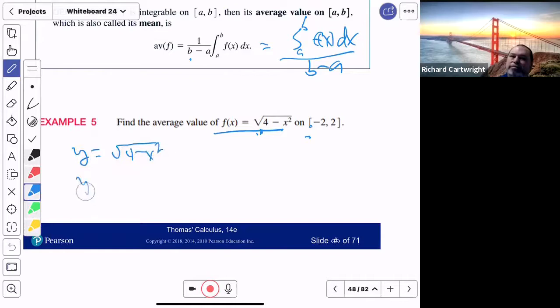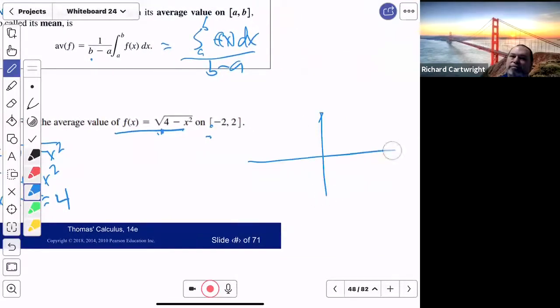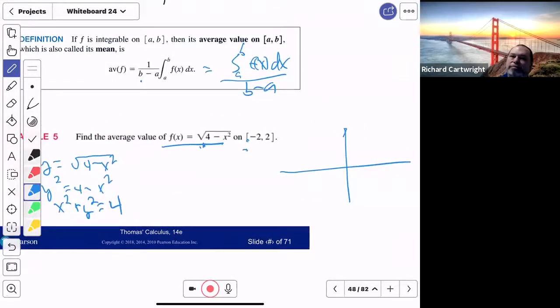Square both sides. y squared is 4 minus x squared. x squared plus y squared is 4. What is that an equation of? Right? It's a circle.